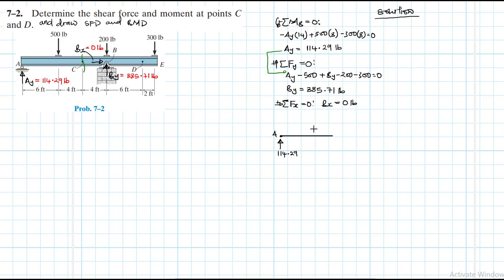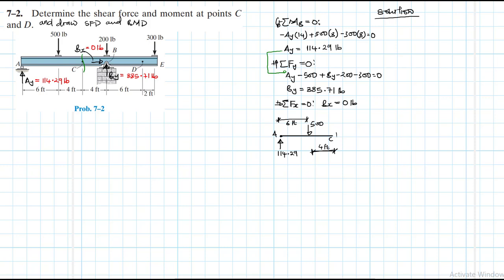We have another force which is 500 pounds, and this point is C. This length from there to there is 6 feet, and then the length from there to there is 4 feet.